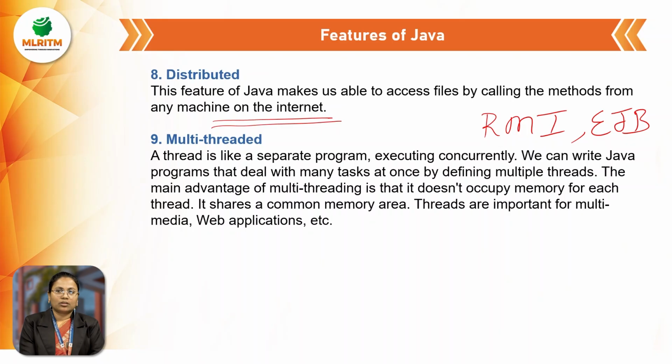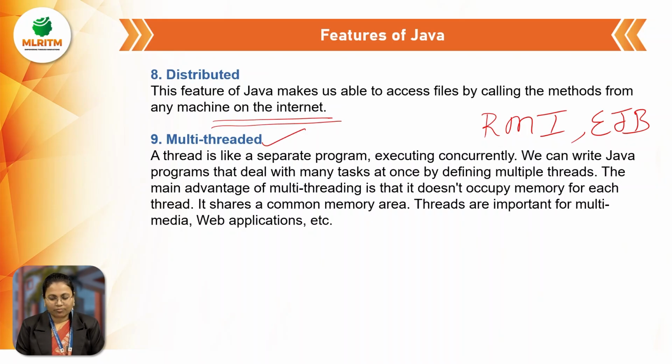Next, multi-threading. One more important feature of Java is that it is multi-threaded. A thread is a lightweight process, a separate path, where a single program can be executed by multiple threads. With this, we can reduce the time taken by the program to execute.